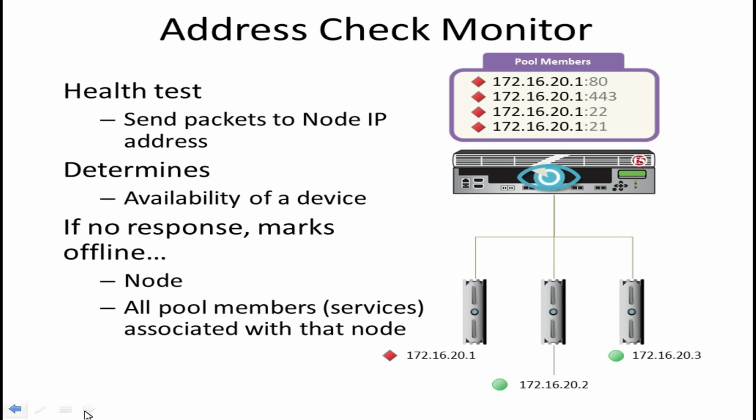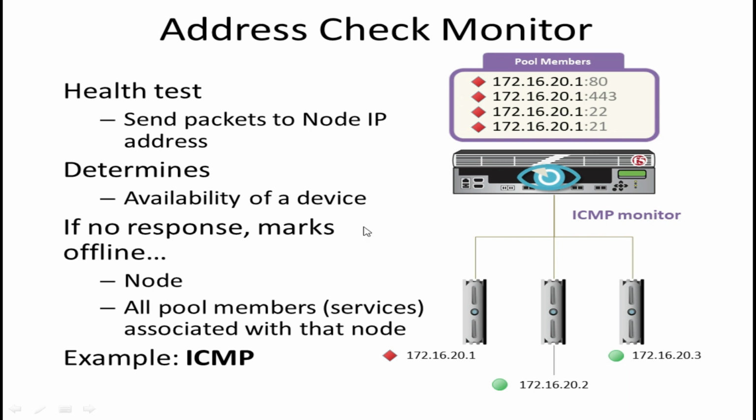The reason is, if there is a router or a firewall between that node and the BIG-IP device where ICMP traffic is not allowed, then our node can be marked as down, and the pool member will be down again, even though the TCP traffic might be working just fine.